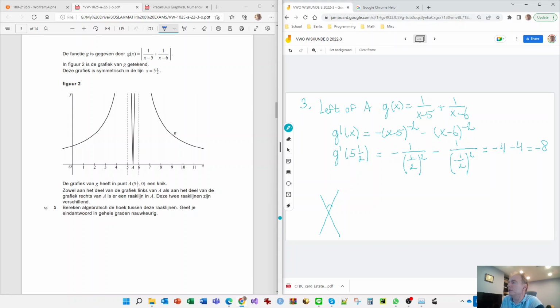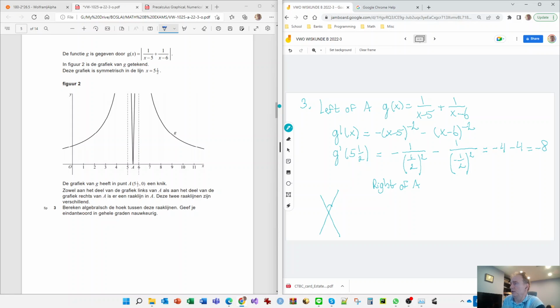So what happens to the right of a? Well, we just saw this is negative, so we need to have a minus sign in front of the function. Actually this minus sign follows through everywhere.